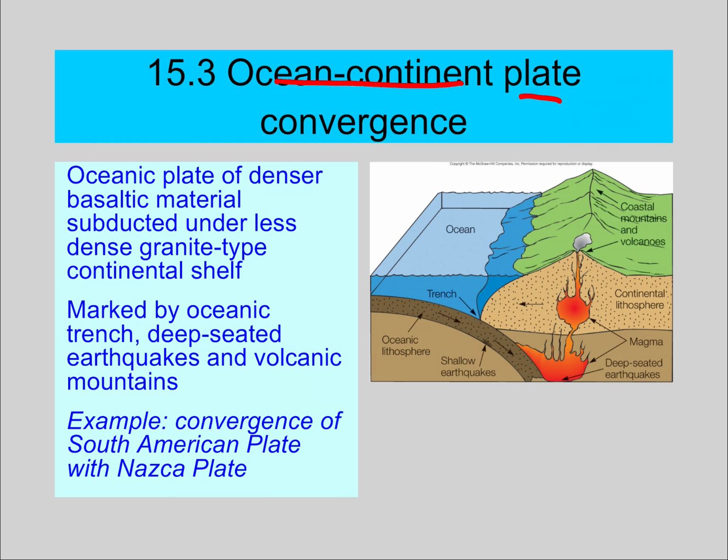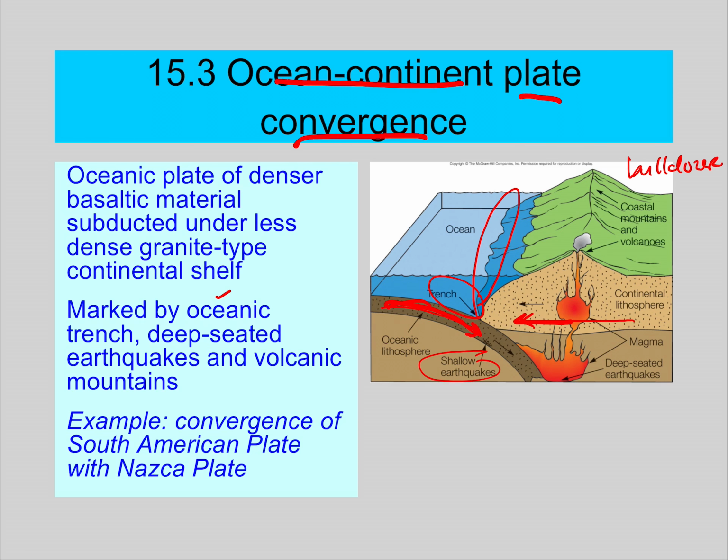In an ocean-continent plate convergence, we have ocean right here, continent right here. The more dense oceanic layer is going to be forced down underneath the continental crust. Essentially, this is acting as a bulldozer. It is running over the ocean. And so what's going to happen is there's going to be a deep oceanic trench, seen all along here.